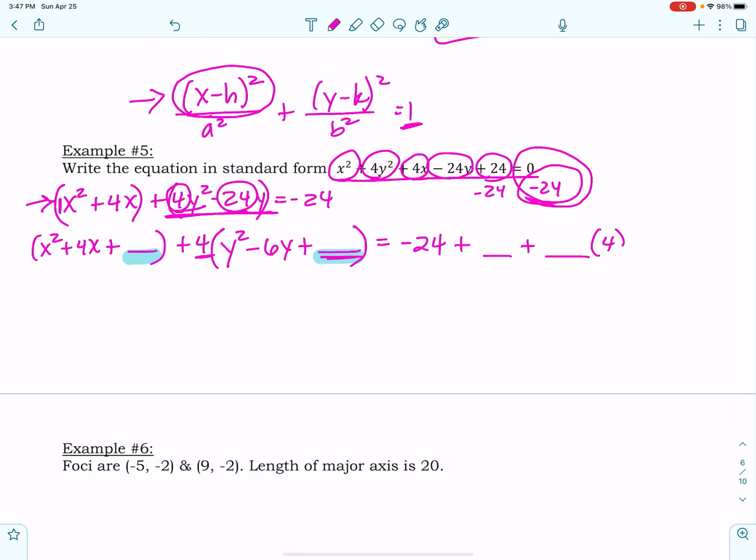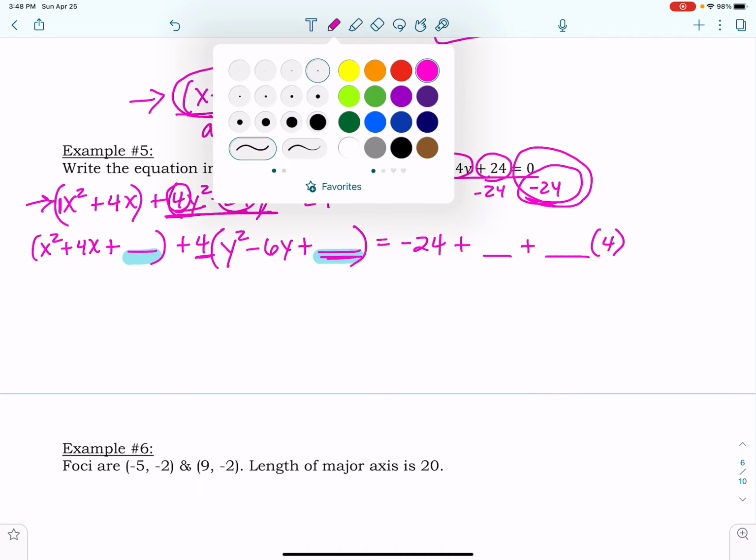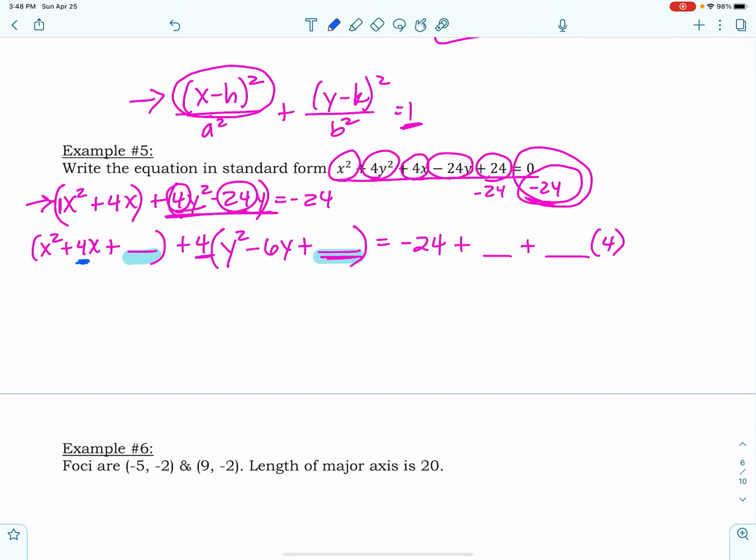So that means this last blank also has to get multiplied by a 4. Okay, now we're ready to fill in the blanks. It's really easy to do this. Whatever this value is right here, you take half of it, so that's a 2, and then you square it, which is a 4, and you put it right there. You do the same thing over here. Half of 6 is 3. 3 squared is 9. And then you're going to put those same values right over here.